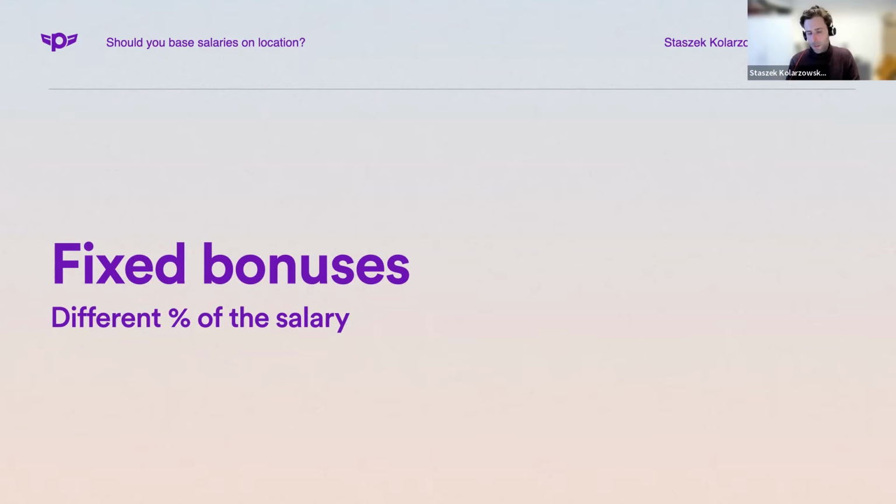It's $2,000 here and there, but they have a different approach to this because it's a smaller portion of the salary. The solution could be to have location-dependent bonuses, but to be honest, I don't know any company that does something like this.